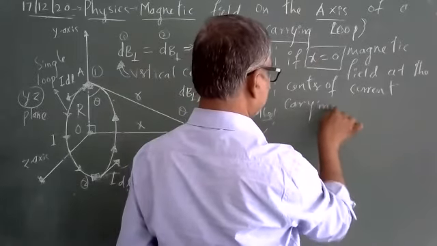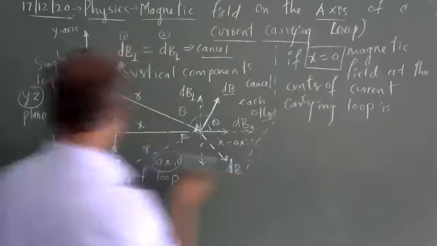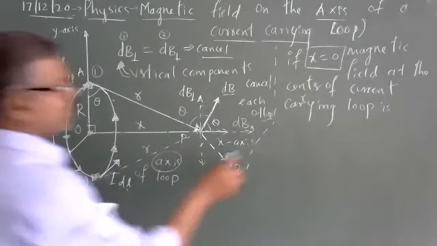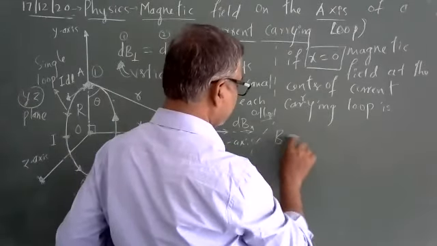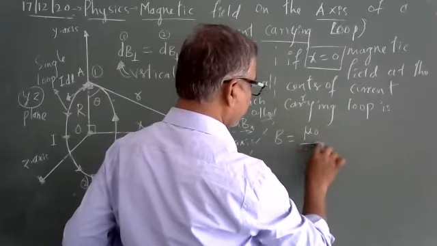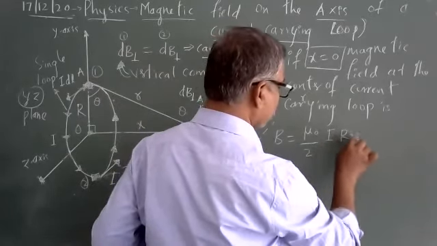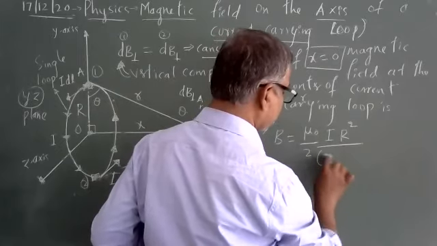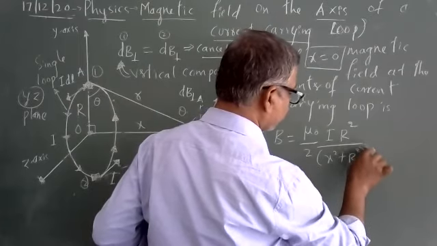When I substitute x equal to 0 in the formula, B equal to mu 0 upon 2, I r square, in the denominator x square plus r square to the power 3 by 2.